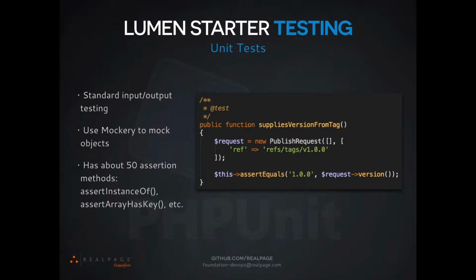Everything from checking that a key is in an array, to checking that an XML value's attribute is set to a certain thing. There's all kinds of helper methods there. So I highly suggest going through the PHPUnit documentation, looking at all the different ways it can help you run assertions, because there's a lot of good stuff there, and it keeps your code a lot cleaner.